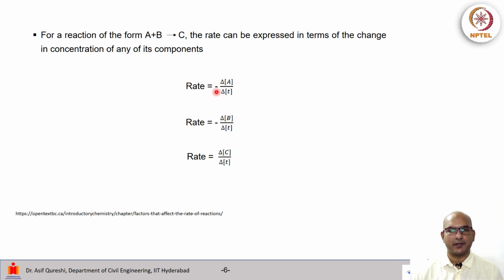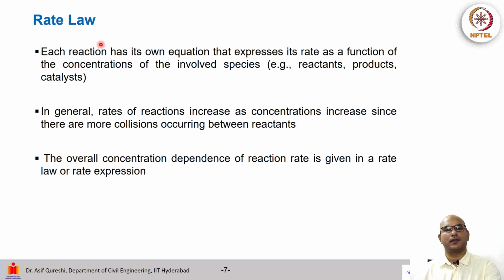For example, rate could be written as minus delta A by delta t, so change in A per unit time. For B, it can also be written as minus delta concentration of B by delta time, or how fast the products will appear, so delta C by delta t. So, rate can be written in terms of the change of concentration of any of these three.